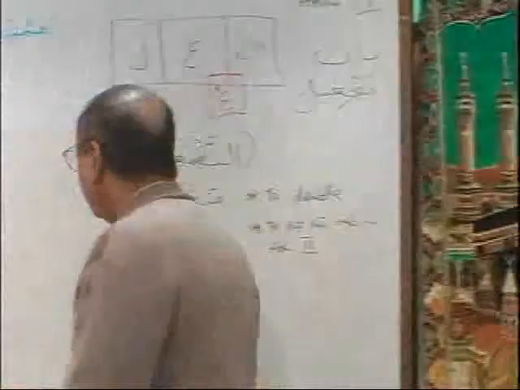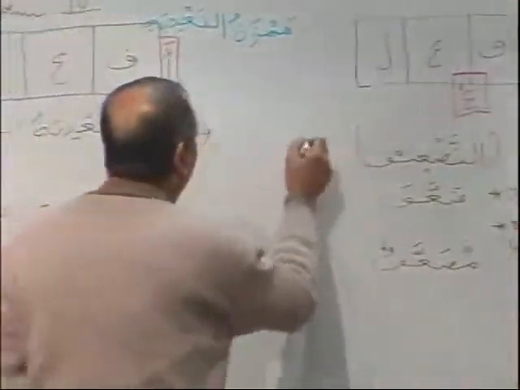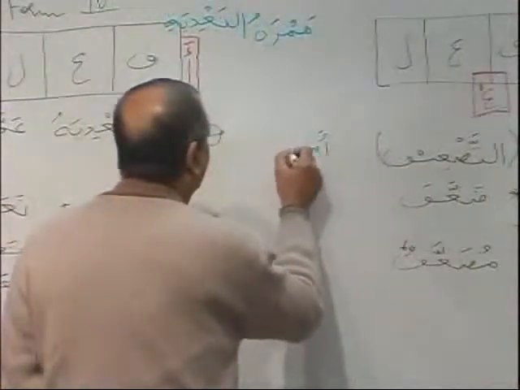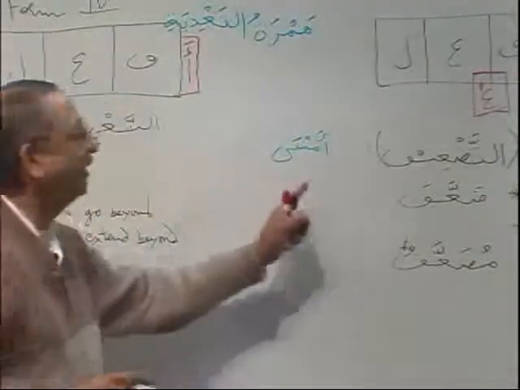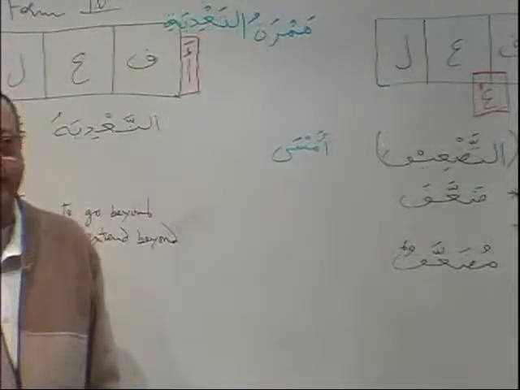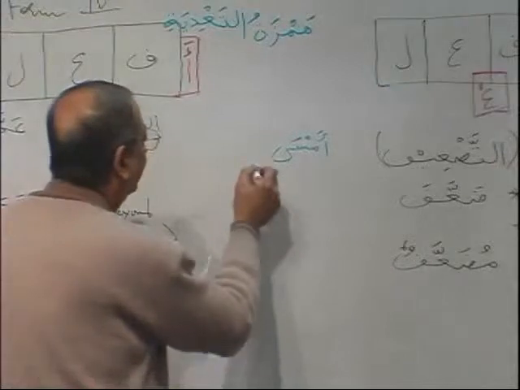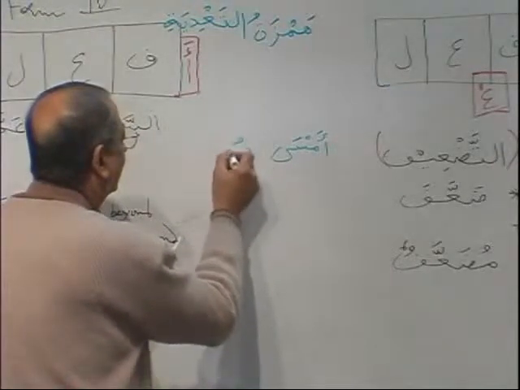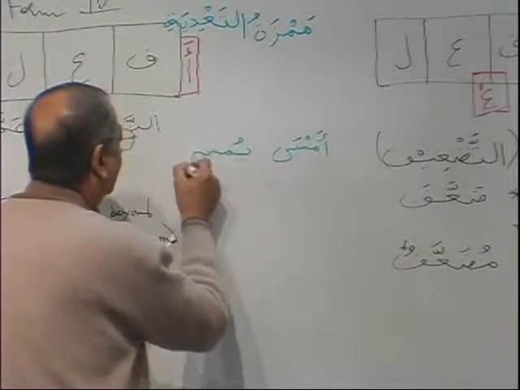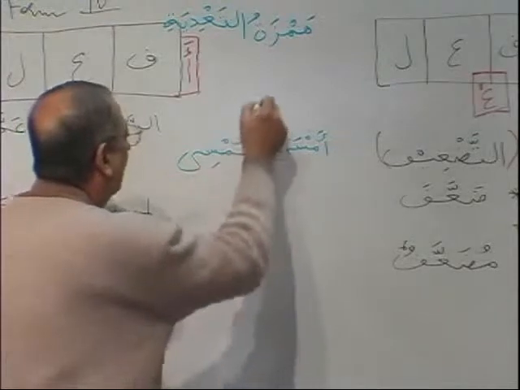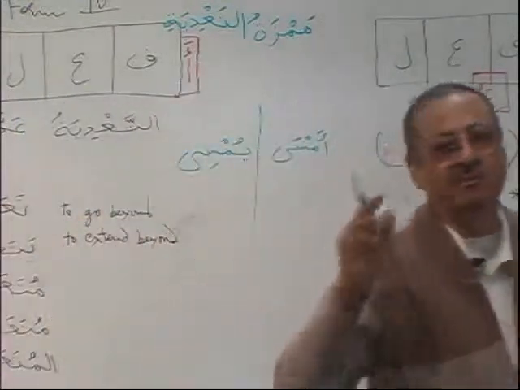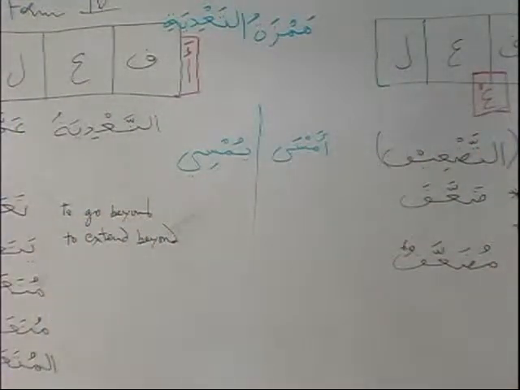What did I say? Amsa. You only look to the base form and conjugate. And when you say yumsi, you will only look to the base form and use your mind and do it.